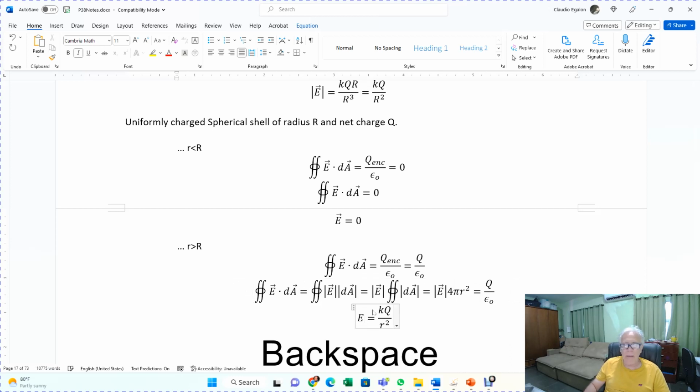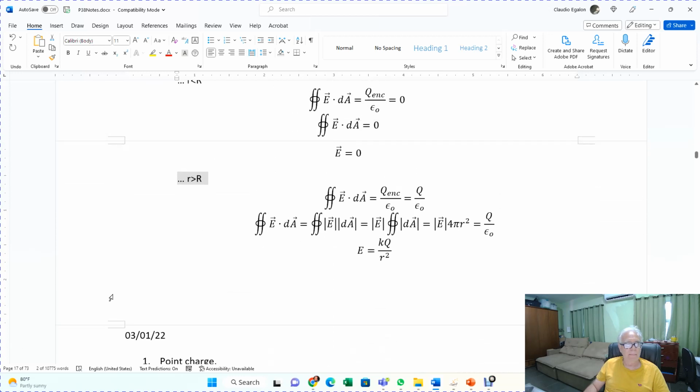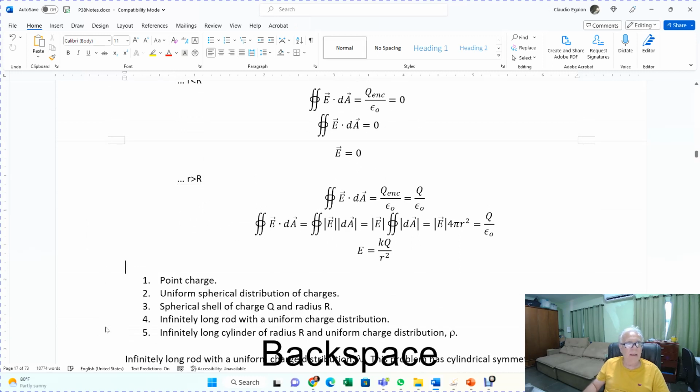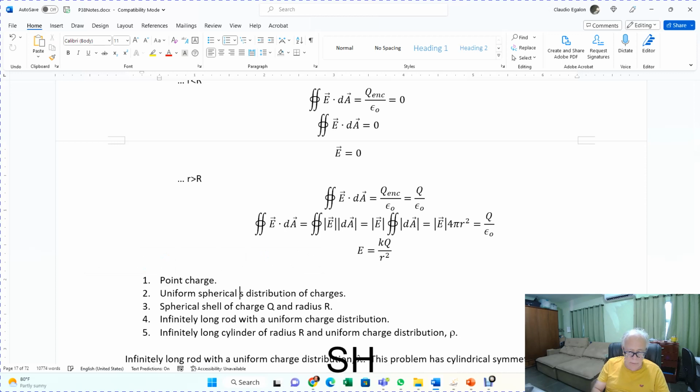And again, we get Coulomb's law, but only outside the sphere. Okay? Let's emphasize here. Here you go. We did the point charge. We did the uniform spherical shell distribution.